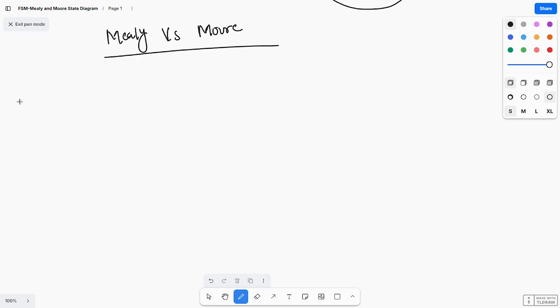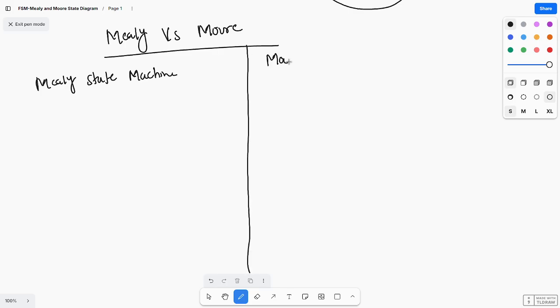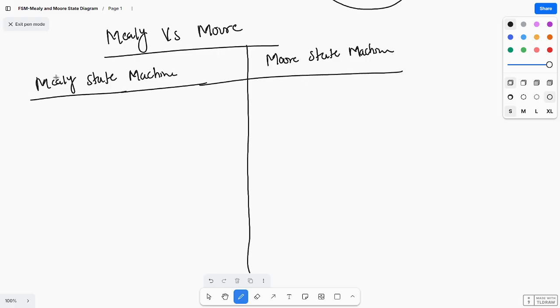Here is the Mealy state machine, and here you have the Moore state machine. What is the difference between them? First, the output is a function of what for Mealy?